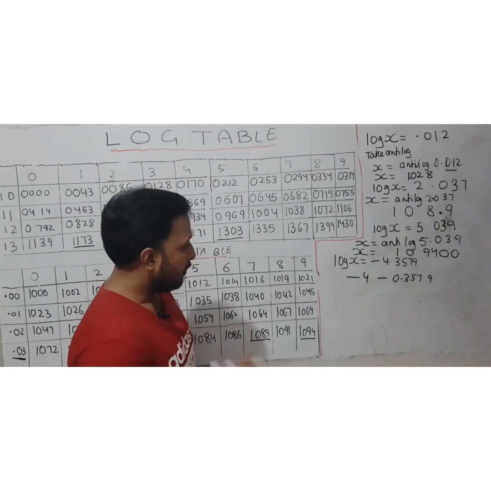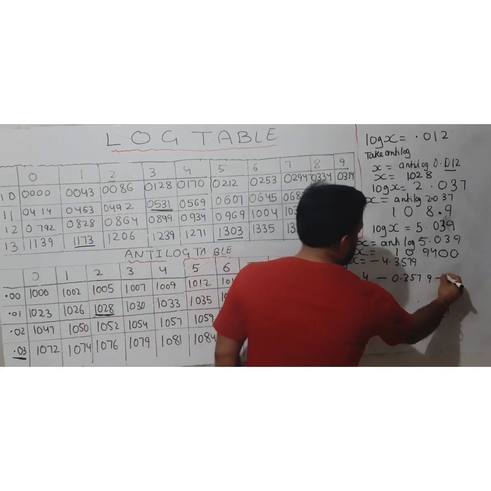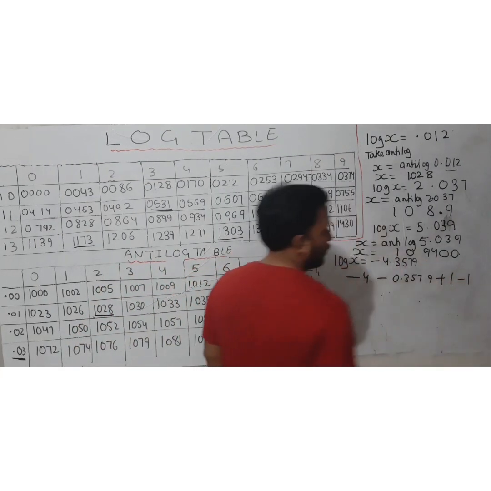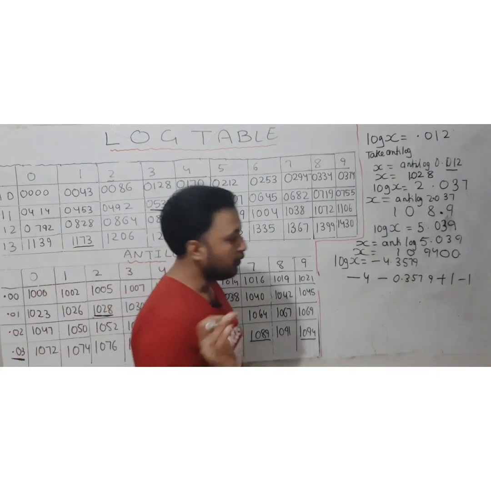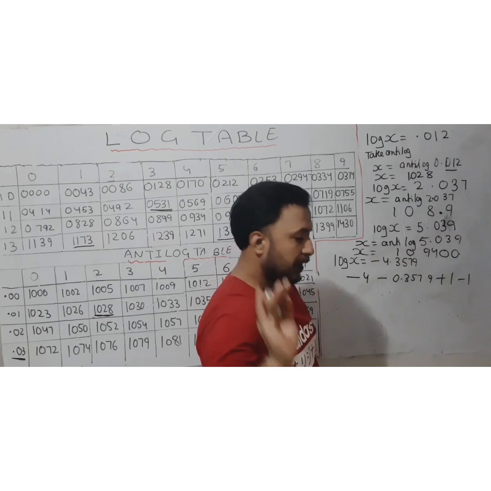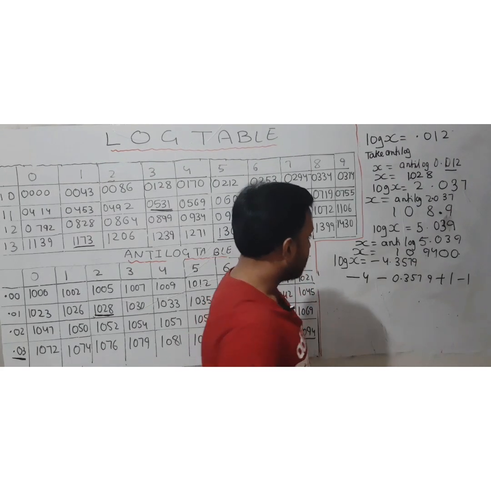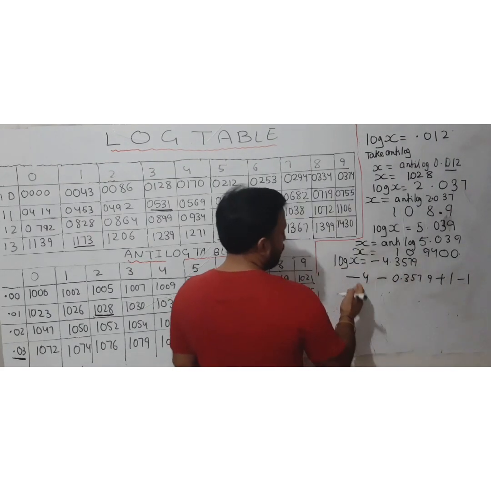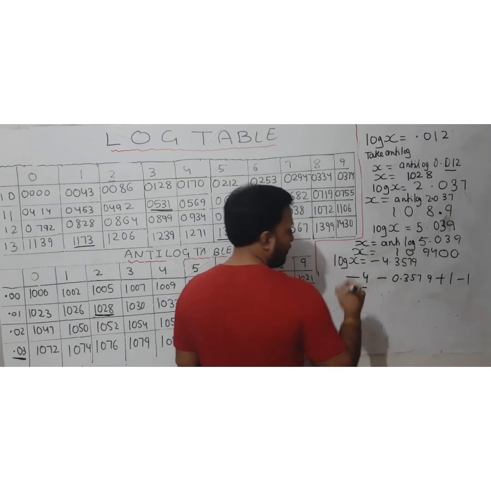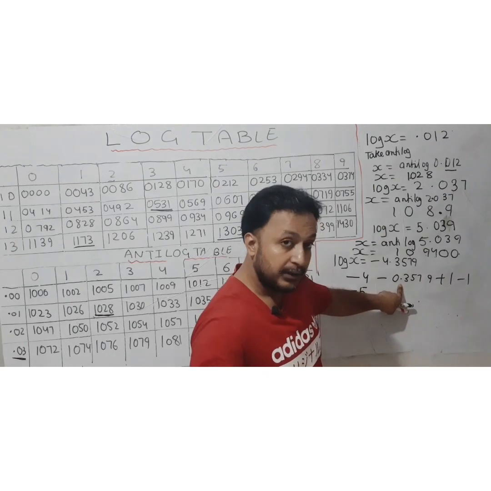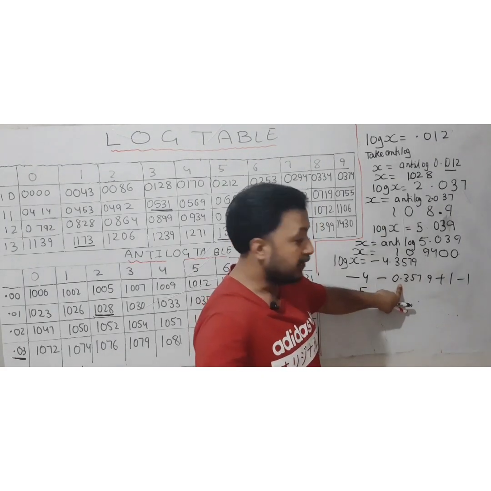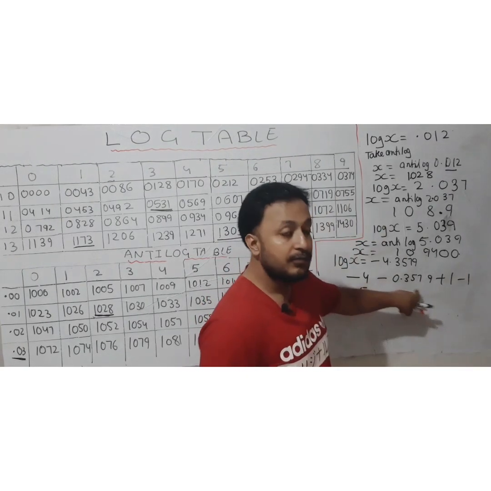Okay. After that you will add plus 1 and minus 1 from your side. That you can do, because plus 1 and minus 1 are going to cancel each other. So we can write plus 1 and minus 1 from our side. Okay. Now minus 1 will be added to minus 4 and it becomes minus 5. And from plus 1 you will subtract the negative part, which is after the decimal, that is 1 minus 0.3579.